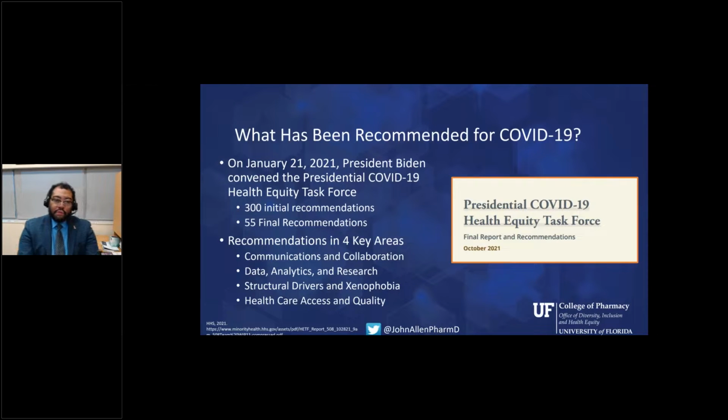So, what's been recommended for COVID-19? Again, using COVID-19 as the backdrop and asking what lessons can be gleaned from that. President Biden convened the Presidential COVID-19 Health Equity Task Force. They initially provided 300 recommendations, and they whittled those down to 55.